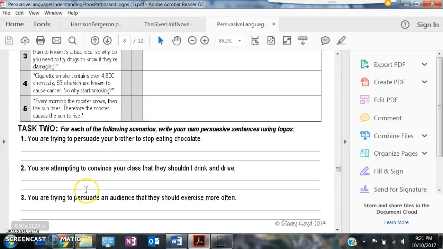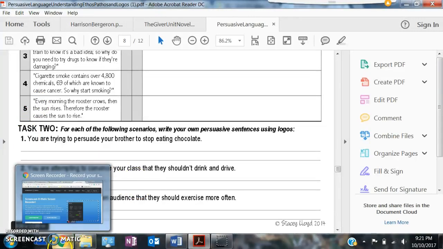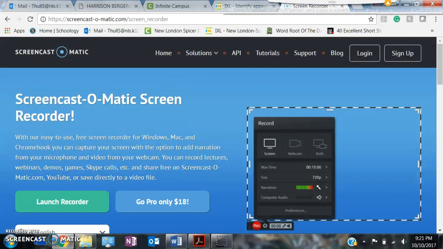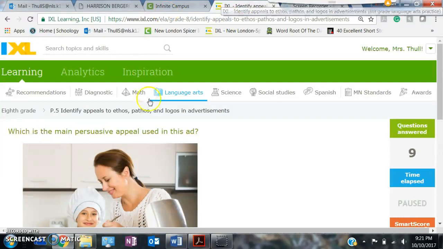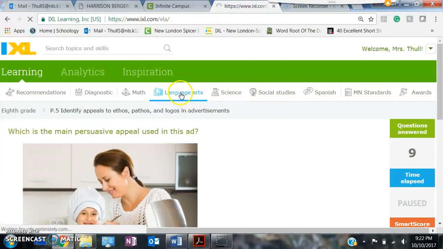Once you are done with those 2 things, and I'll write these things over on the board for you, but what I want you to do once you have finished the worksheet is get your iPad that's assigned to you, and then you are going to go into your language arts, iExcel, and I think this is going to take me back to the screen.